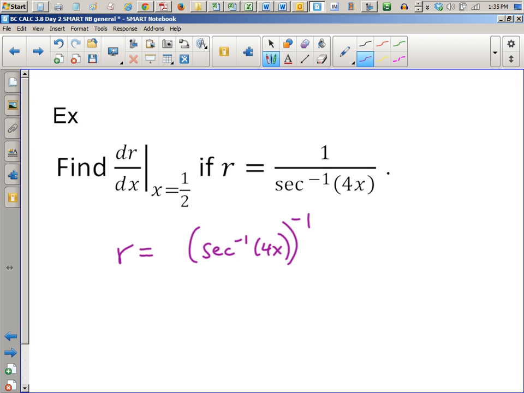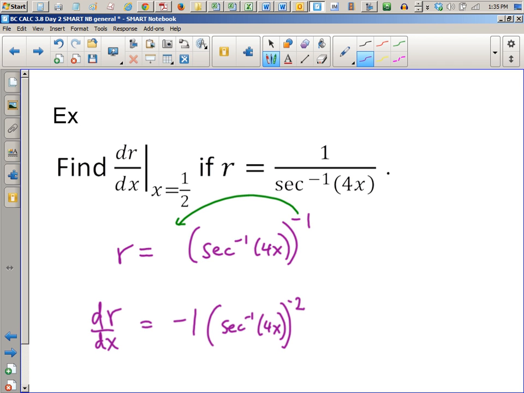So we start these problems off by bringing down the minus 1. Okay? Just look at the power rule first, actually. All right, so we're going to bring this out front and then also take away a power. So it's going to look like this. dr/dx is negative 1 out front. The secant inverse 4x nonsense now has a negative 2 power.